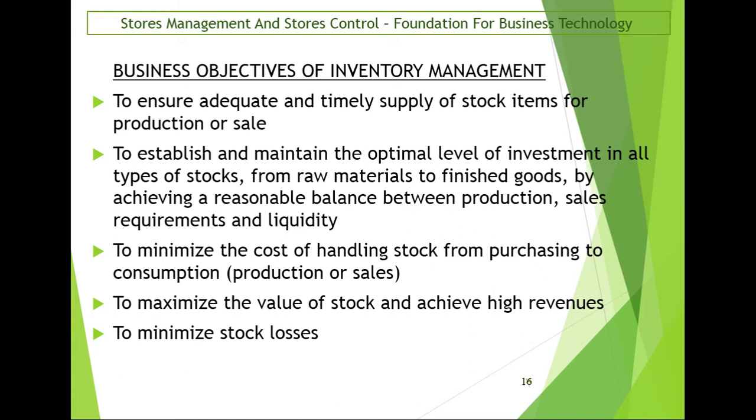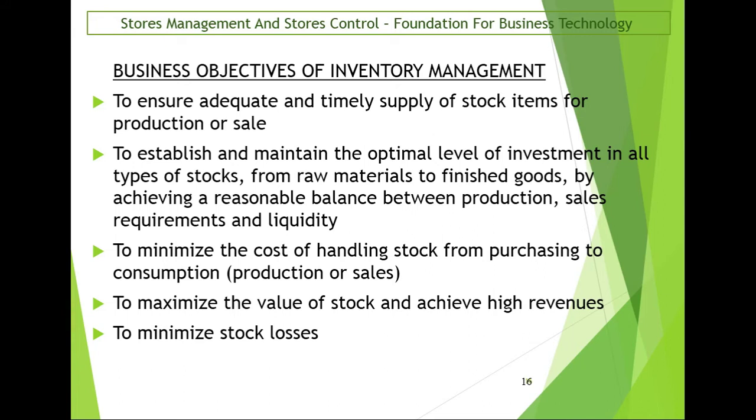So we need to establish a balance where, while we are meeting the requirements of production and sales, we also don't run the risk of carrying too much stock, which at the end of the day may prove to be expensive.